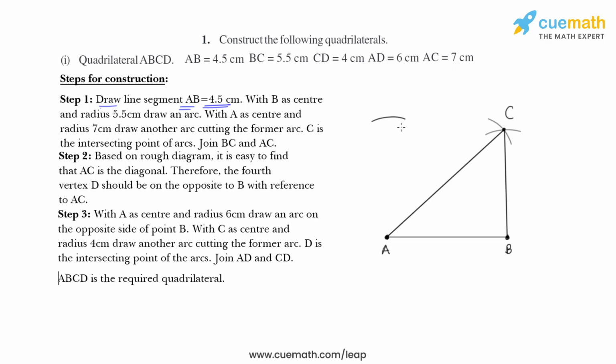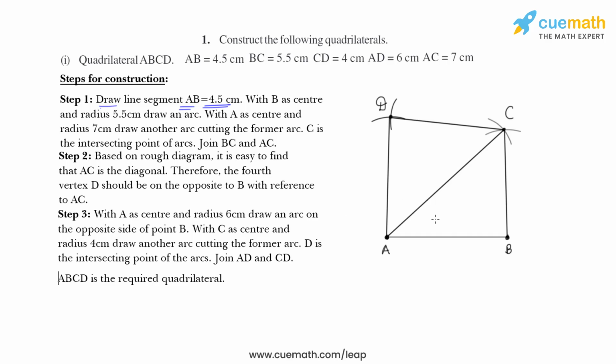Then with C as center, because CD is 4 centimeters, with a radius of 4 centimeters, we draw an arc like this. And the intersecting point is point D. Then we join AD and CD.